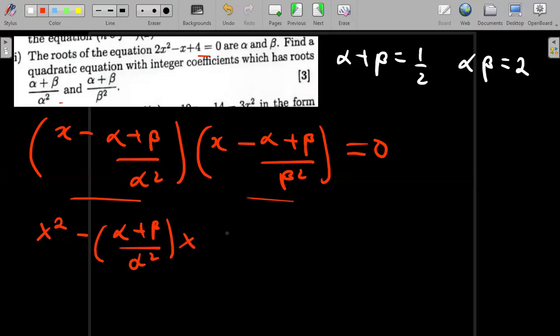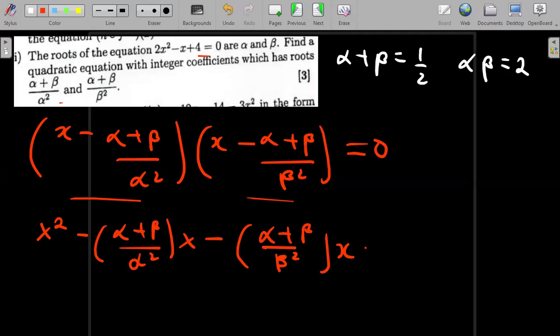Then minus that other one, which is (alpha plus beta) over beta squared x. That's when I multiply this x with this alpha plus beta.